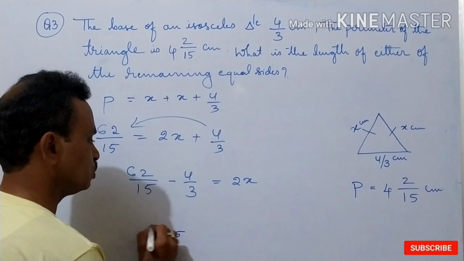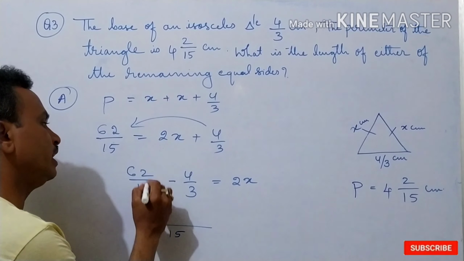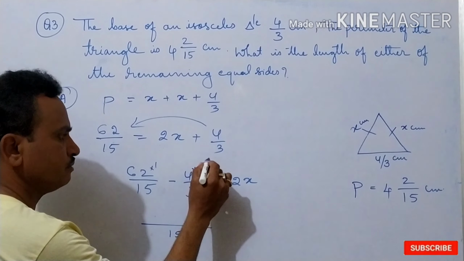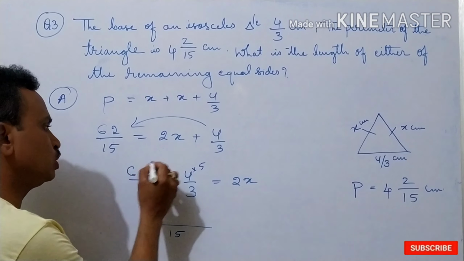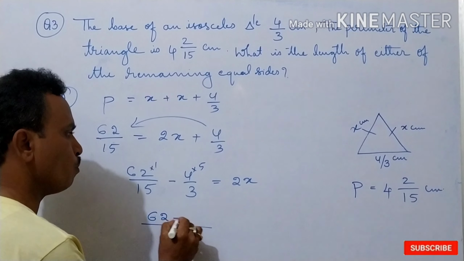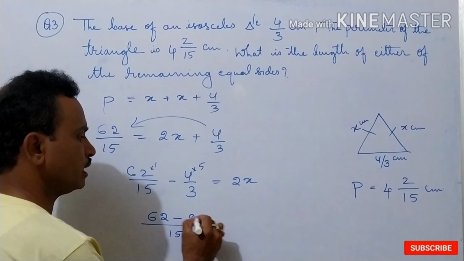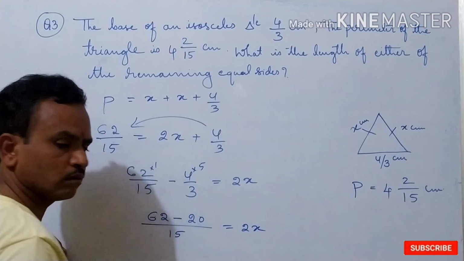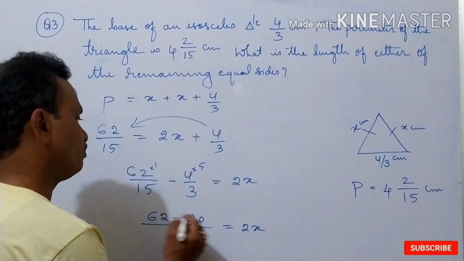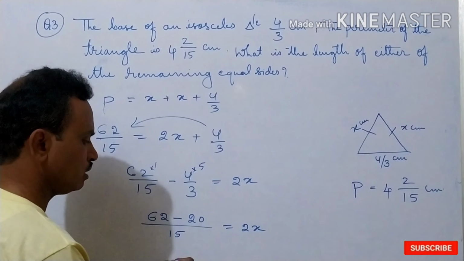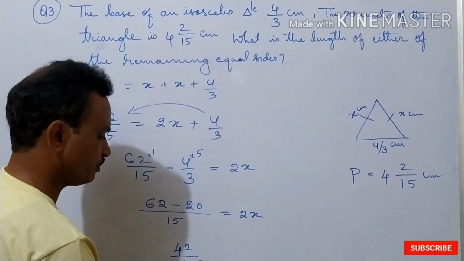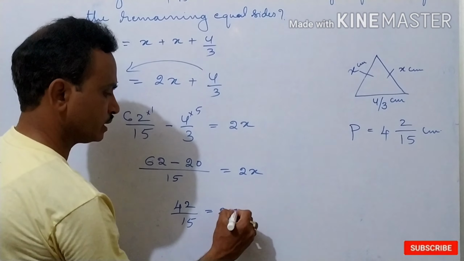So here 15 you should write. 15 1s are 15, 3 5s are 15. 62 1s are 62, minus 4 5s are 20. Then this is equal to 2x. Okay, now subtract here 62 minus 20, 42. Divided by 15 is equal to 2x.